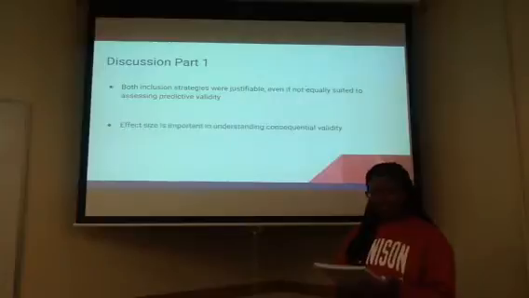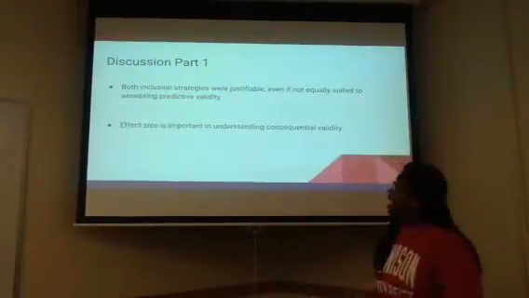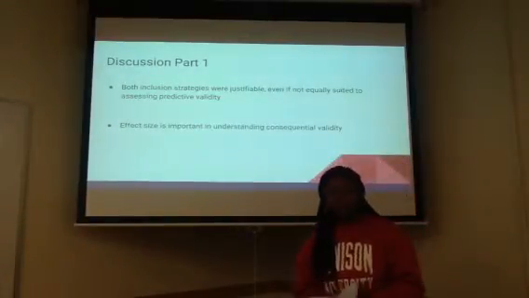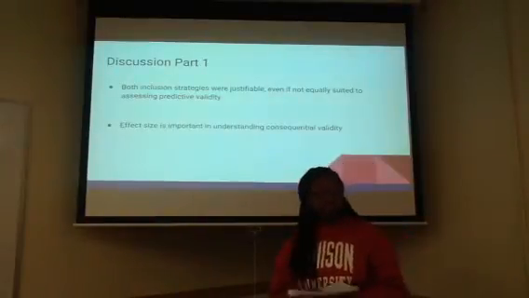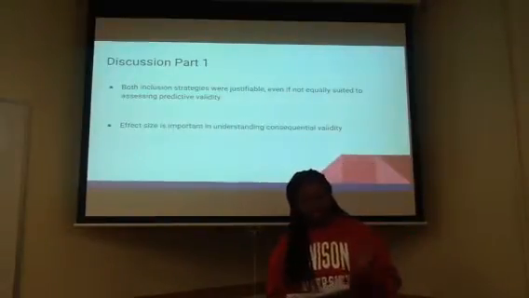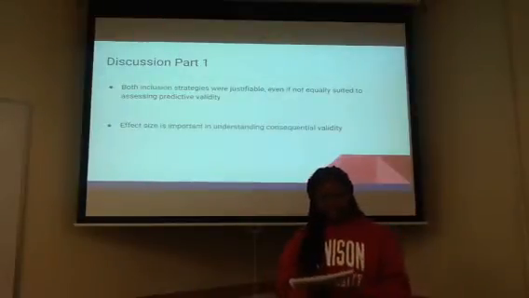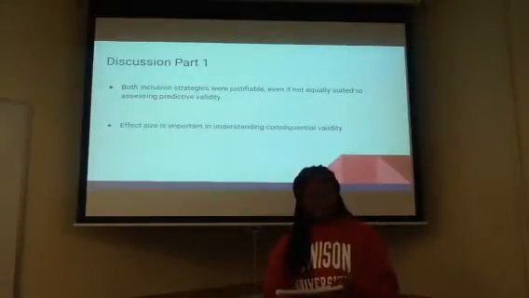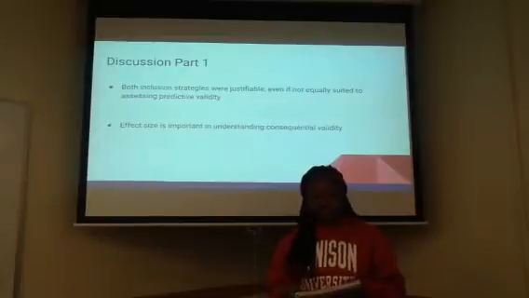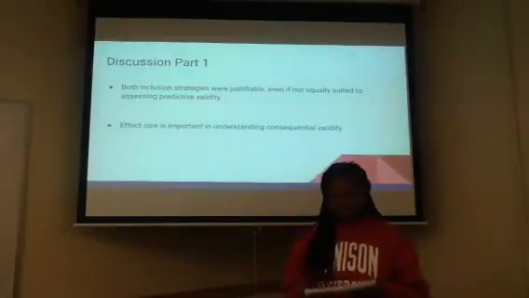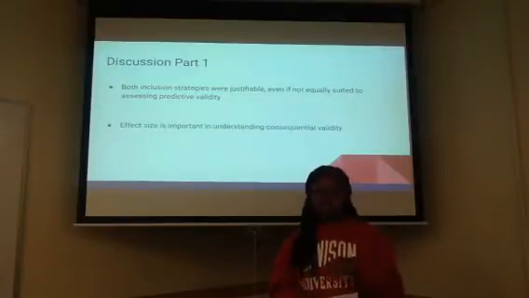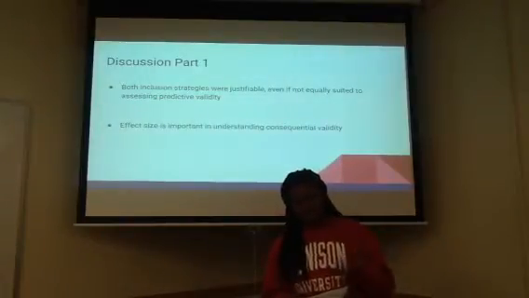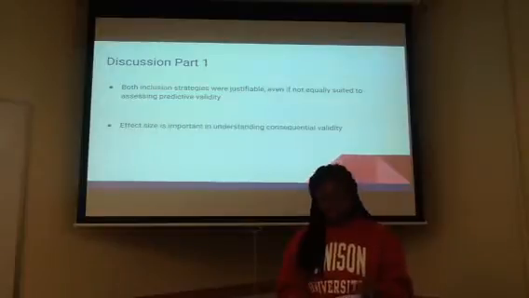So I will be talking about the discussion section. And in the discussion section, both inclusion strategies were justifiable, even if not equally suited to assessing predictive validity. So in the OMBJT data inclusion strategy, it included any study for which an ICC could be completed where the criterion arguably measured some form of discrimination, which led to the inclusion of the ICCs that were excluded in GPUB's strategy.